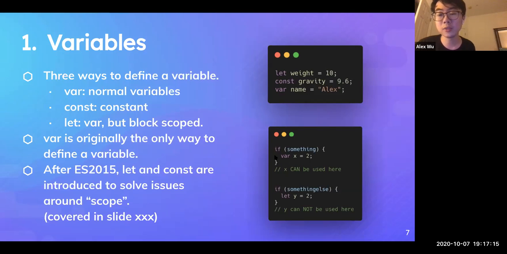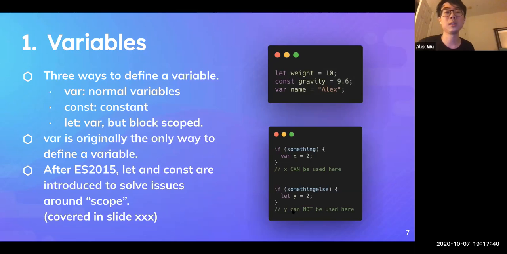If a var variable is defined within an if statement, it can be used anywhere else. However, let is very different. If you define a let variable inside the block, inside the if block or else if block or else block, the y here can only be used within this if clause. You cannot use it outside the if clause.